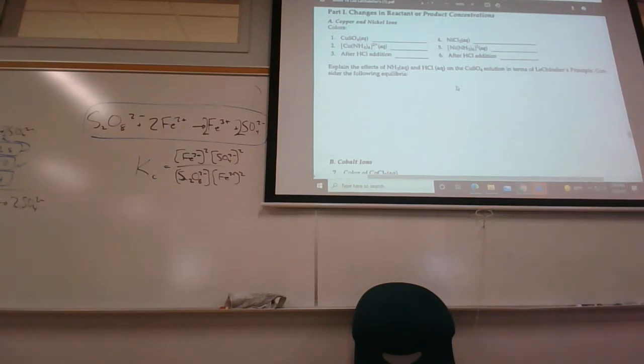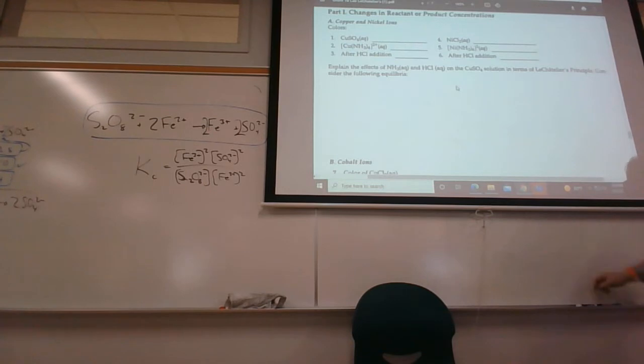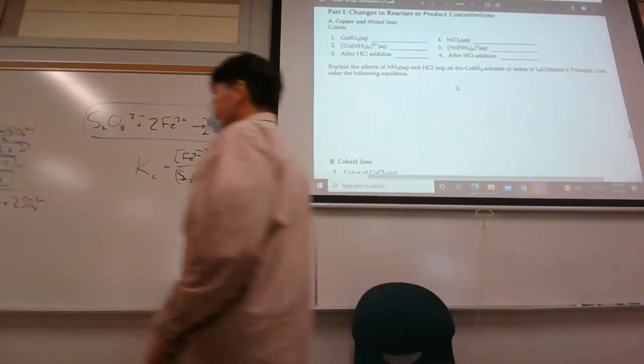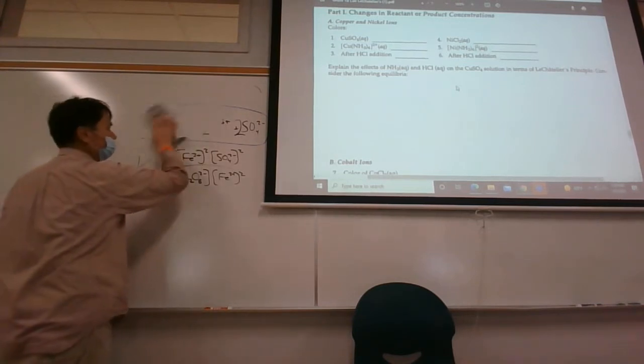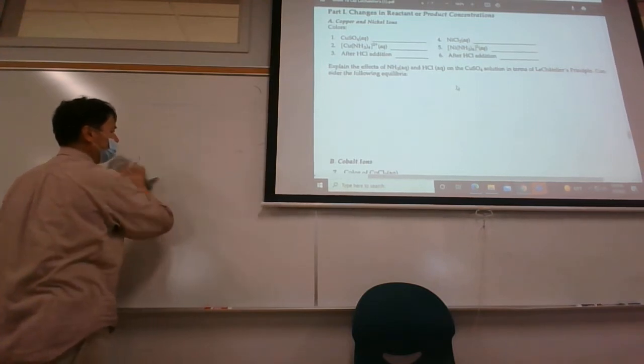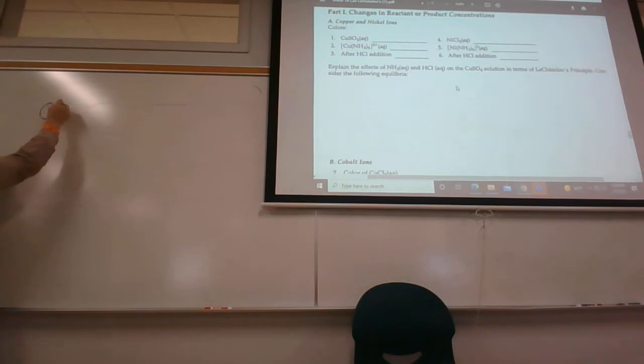Okay, then they're asking this. Explain the effects of ammonia and hydrochloric acid on the copper 2 sulfate solution in terms of Le Chatelier's principle. Consider the following equilibria. And so some students are asking, what can we put out? So the equilibrium with copper, the sulfate's a spectator, so we're looking at just copper 2 ions.